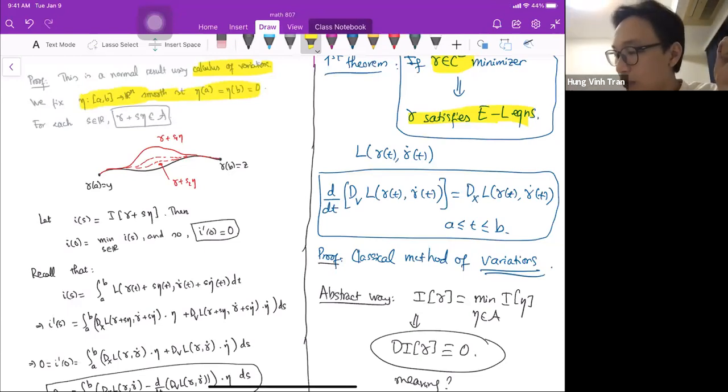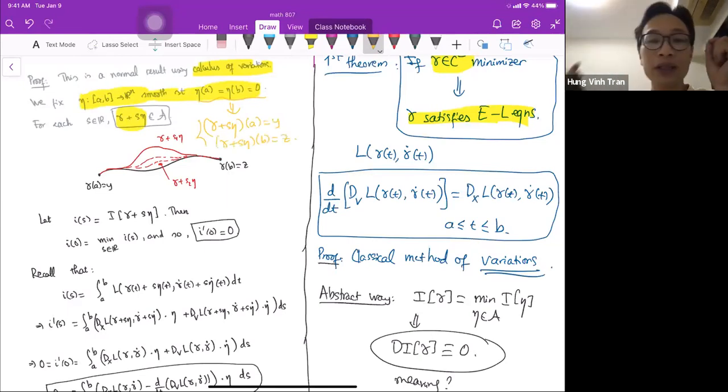Because then if you take gamma plus s eta, it's always admissible. This implies that gamma plus s eta at a equals y, and gamma plus s eta at b equals z, because you are not changing the two endpoints. So by fixing the endpoints of eta to be 0, when you take gamma plus s eta, it's always admissible. That's simple.